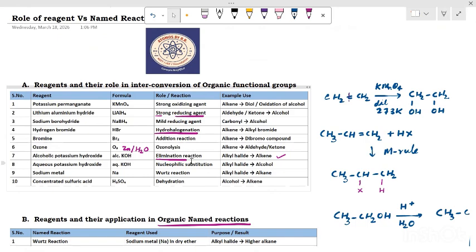So this is my motive. Through this session, I will be guiding you regarding organic chemistry. So keep learning. All the best, beta, and thank you.